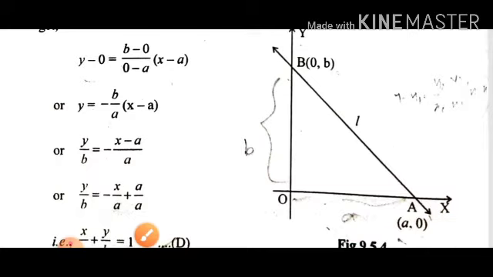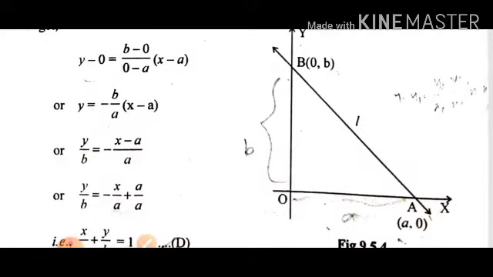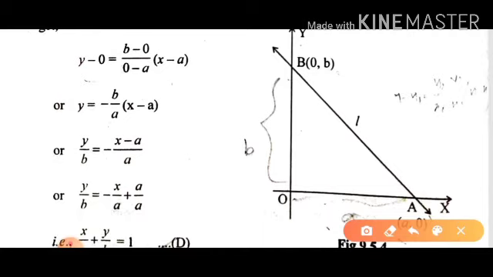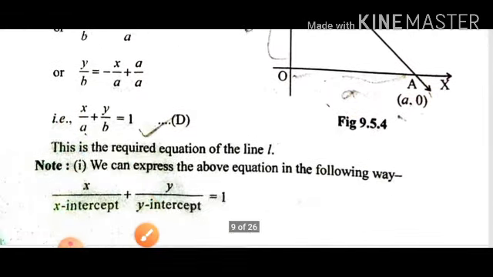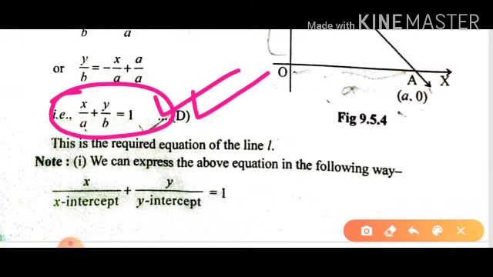Simply you have to put the value. That means we have 2 points, so we can use the 2-point form and put the value. On doing this, the final one will be x by a plus y by b is equal to 1. So this is the equation of a line in intercept form.